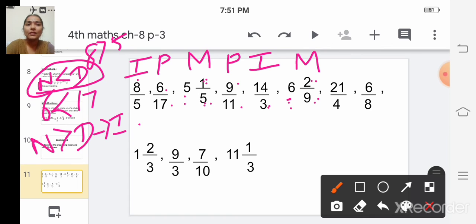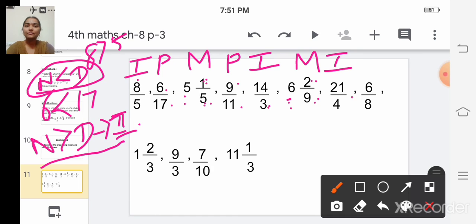Look at the next fraction, 21 divided by 4. 21 is greater than 4, isn't it? So the numerator is greater than the denominator. So it is an improper fraction. So we can write I here.